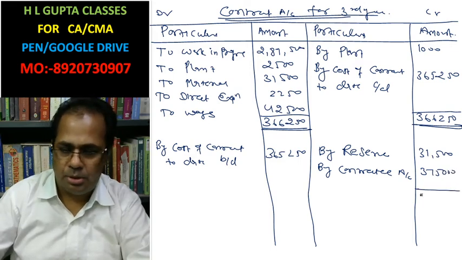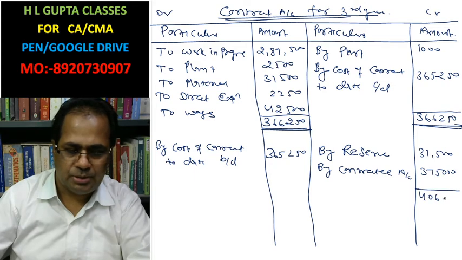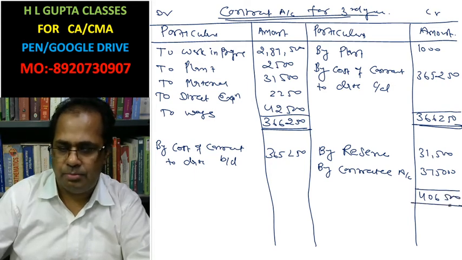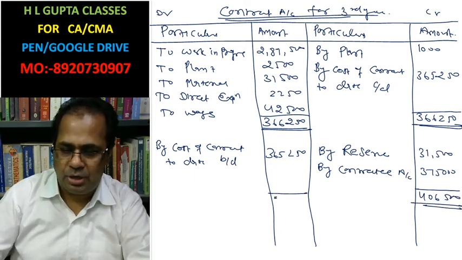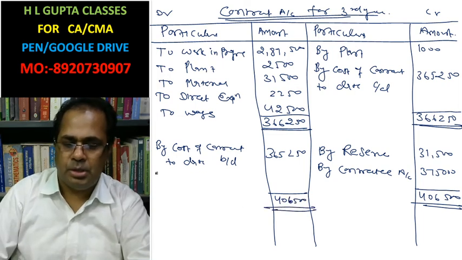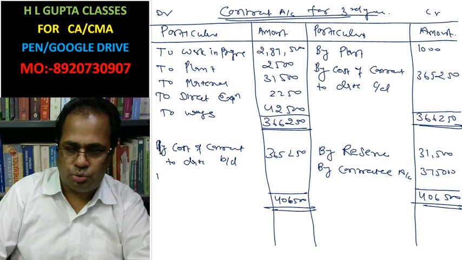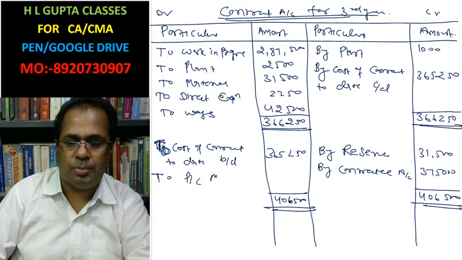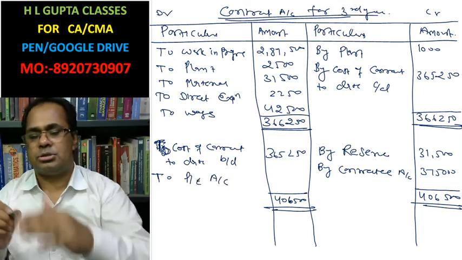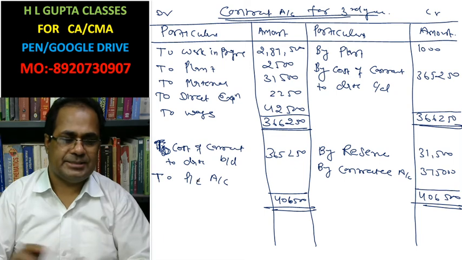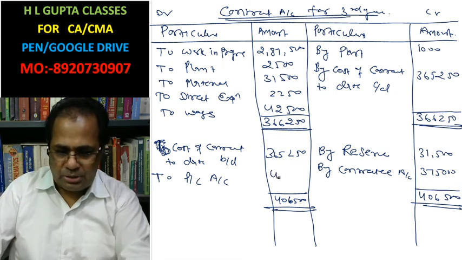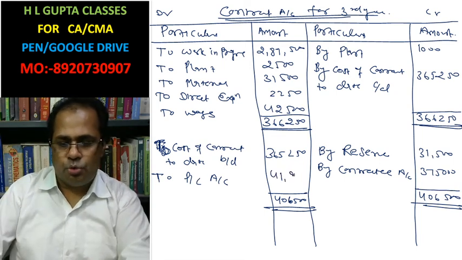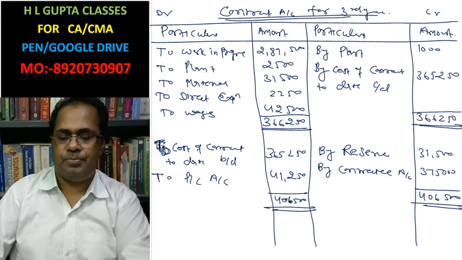Total we have 4,06,500. To profit and loss account: now the whole profit is transferred to the profit and loss account of the organization. The difference is 41,250.